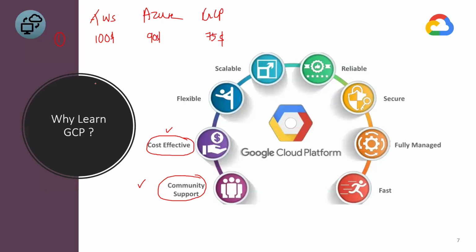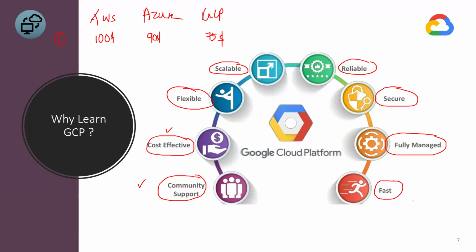Okay, so again coming to GCP, it is providing you flexible services, and it is providing you scalable services. These scalable services we can scale up and down as per the requirement, and it is trustworthy, reliable, and secure. It is also providing you fully managed services. These services are very fast, and the interface is also very simple.